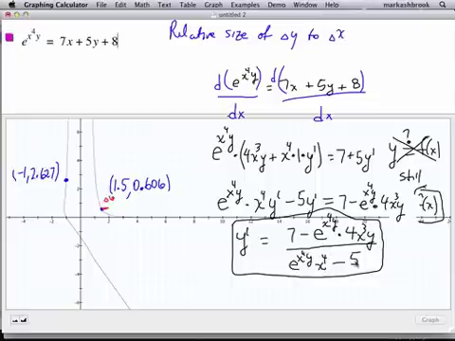So now we're going to do a change in x. Right around that point, what do you expect the change in y to be relative to that change in x? First of all, is it positive or negative? Negative. Is it a lot smaller, about the same, or a lot bigger? It's going to be small. Right around there, about the same, a little bit smaller, a little bit bigger.